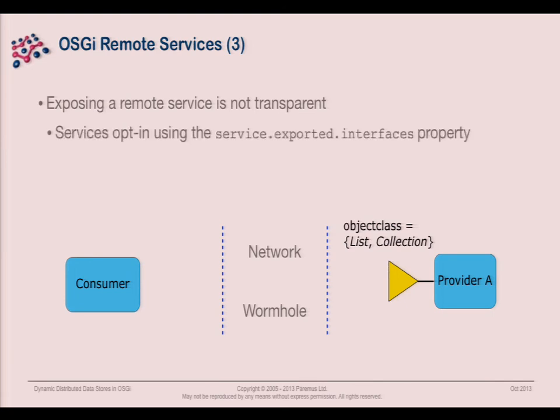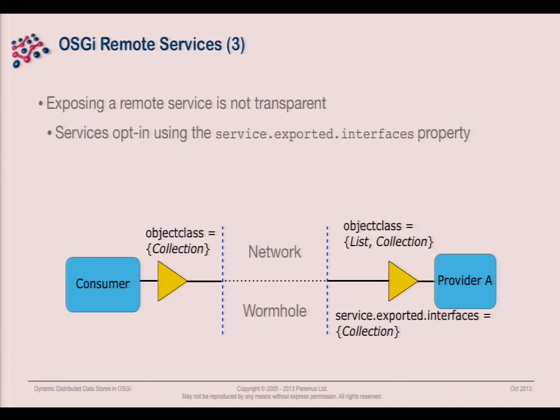You have to opt in using the service.exported.interfaces property. That means you'll suddenly appear on this side, because you've said, I export the Collection interface, so on this side a service can appear saying, I'm available as a Collection. Again, it's gone through this network wormhole, and this is where the real service is. But as far as the consumer's concerned, he's just using this service quite happily.